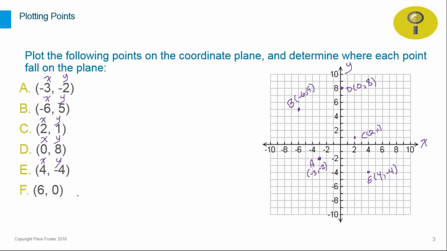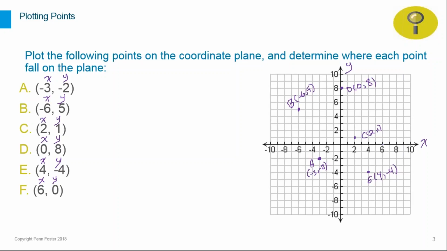The last point, F, is 6 and 0. So this time x is a value, but the y is a 0. What should we do? Now, let's find x first. X is 6, that means go to the right 6 units along the x-axis. So this is the 6 on the x-axis. Should we go up or down?